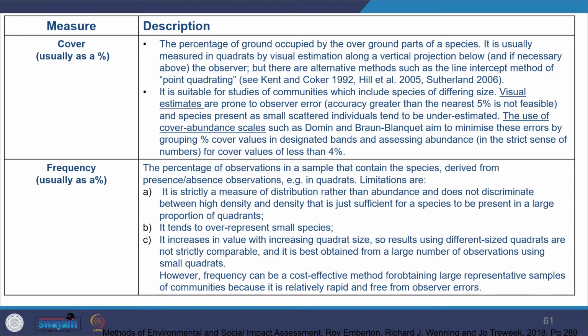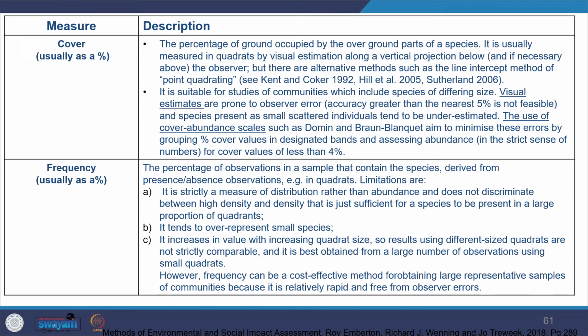You use quadrats, so you make rectangles and do a visual assessment, and you can also use the line intercept method. This measure is important for studies of communities. So this one is particularly important.